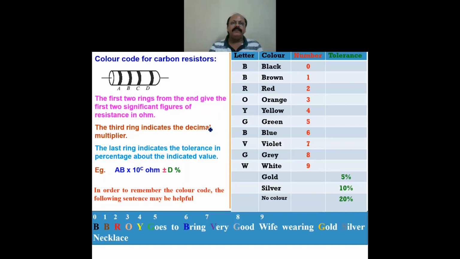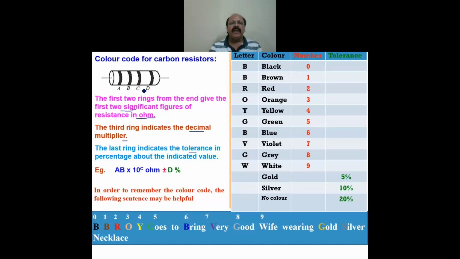Here again the carbon resistor is drawn. These rings are divided by some small spaces and represented by the letters A, B, C, D. As I already told you, the first two rings from one end give the two significant figures of resistance in ohm, the third ring indicates the decimal multiplier, and the last, the fourth ring, indicates tolerance in percentage.